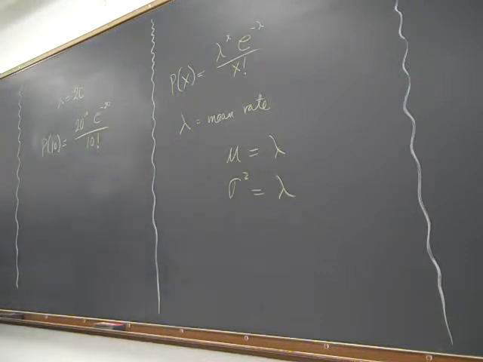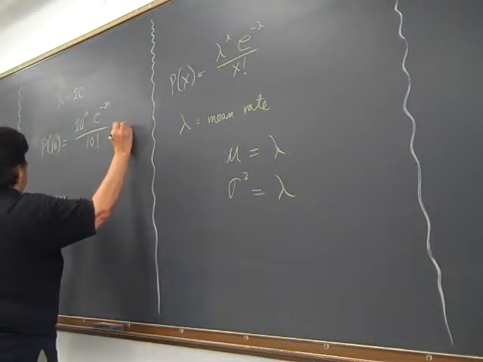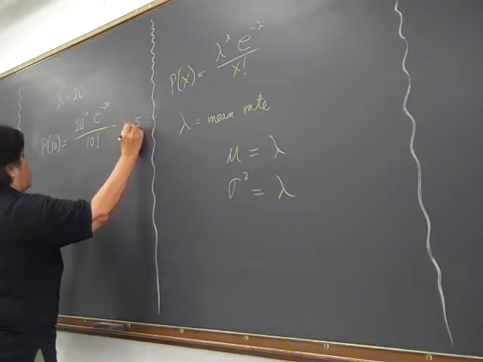So if we do that, 20 to the power of 10, 10 factorial, that is equal to 0.0058.